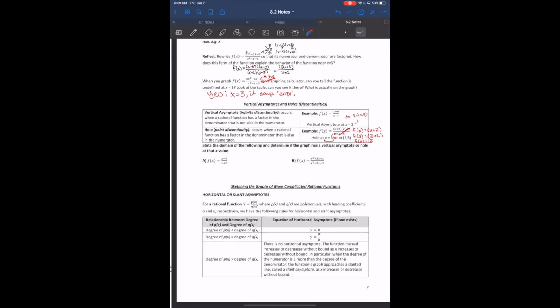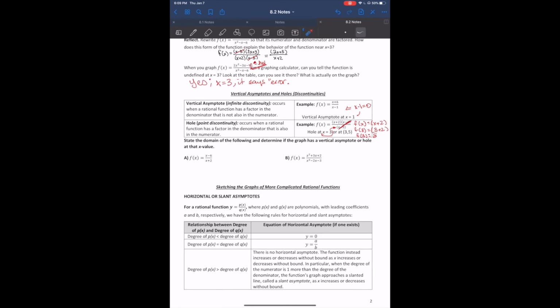Okay. Now, the following example says to state the domain of the following and determine if the graph has a vertical asymptote or hole at that x value. For A, we have (x - 6) / (x + 2). It's already simplified to linear terms. You can see that we cannot cancel anything out.